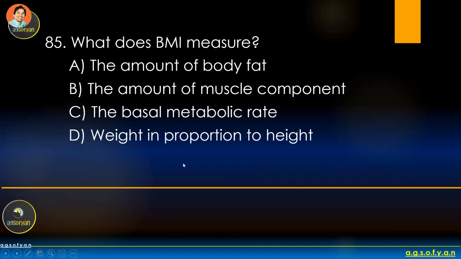What does BMI measure? The amount of body fat, the amount of muscle components, the basal metabolic rate, or weight in proportion to height. Yeah, the answer will be weight in proportion to height.